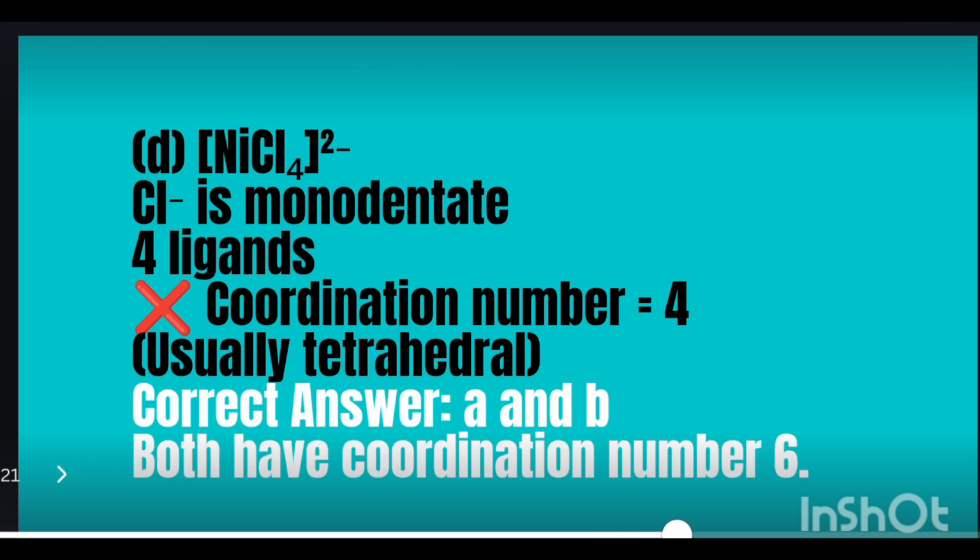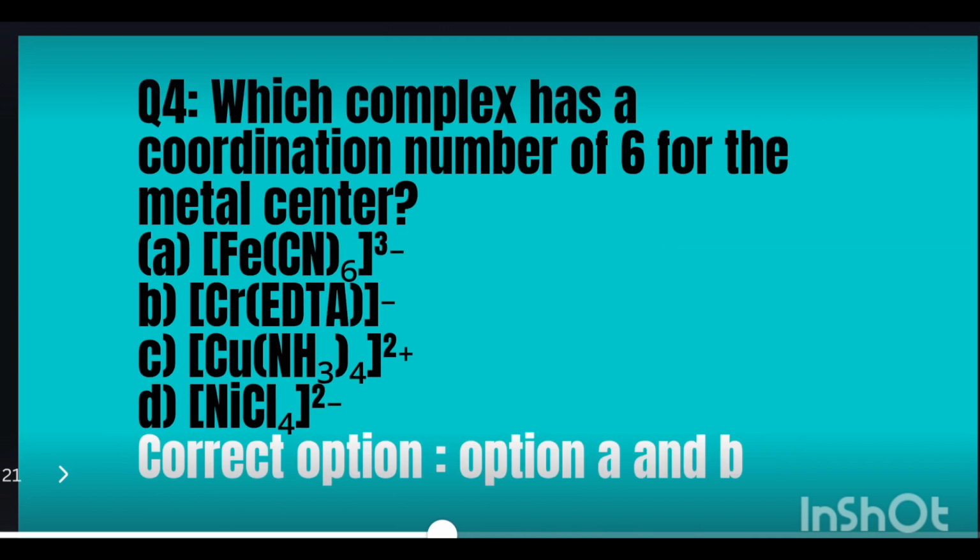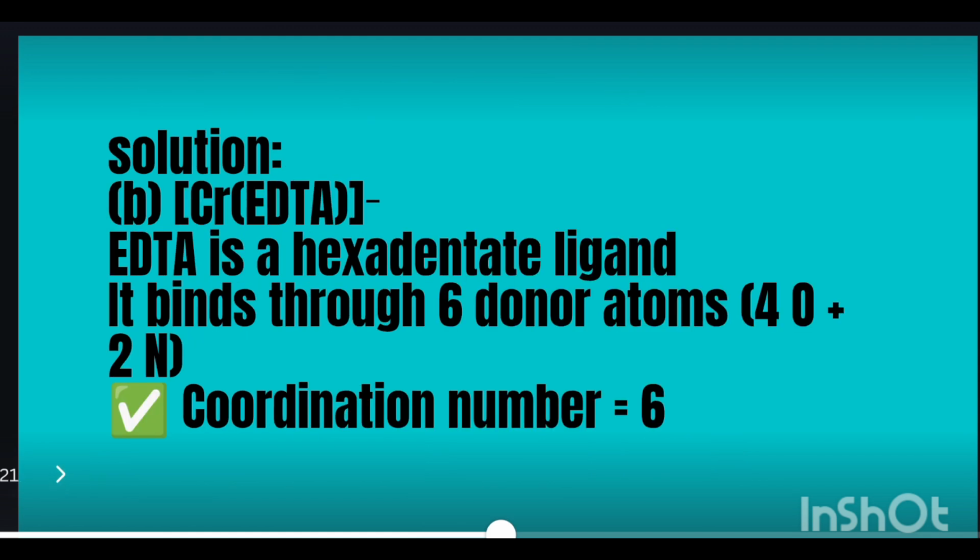And NiCl4 2 minus. Cl minus is monodentate, 4 ligands, so coordination number is 4. That is usually tetrahedral. So the correct answer is A and B, both have coordination number 6. Fe(CN)6 3 minus and chromium EDTA minus, option A and B is the correct one.